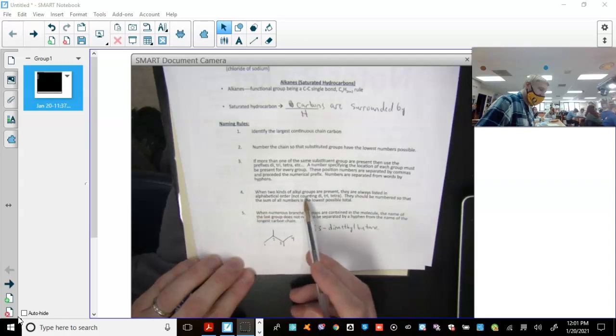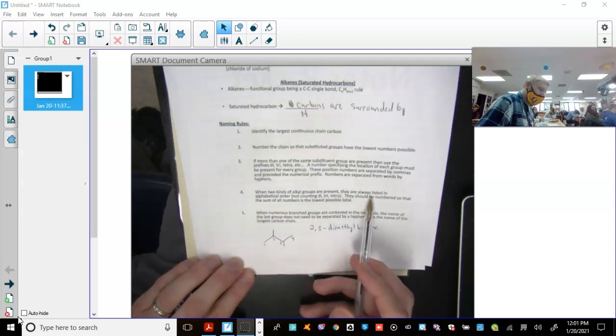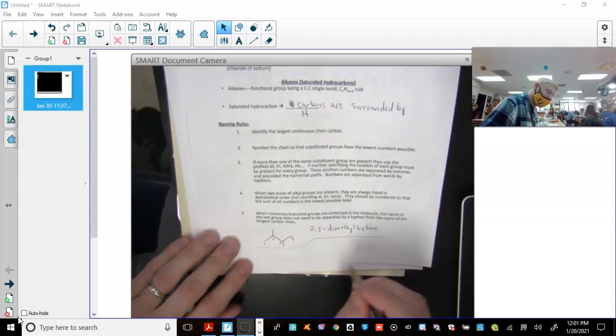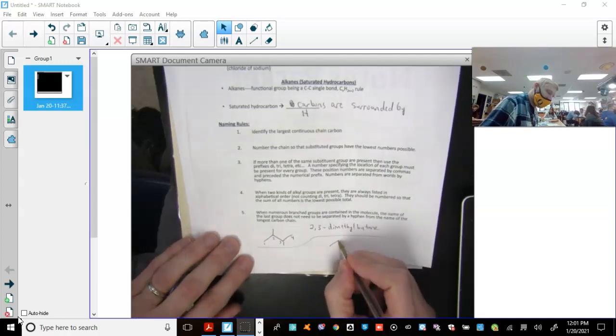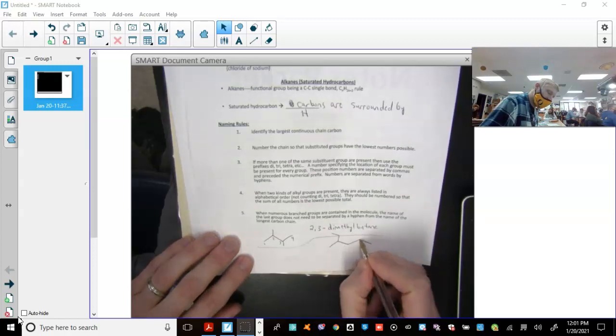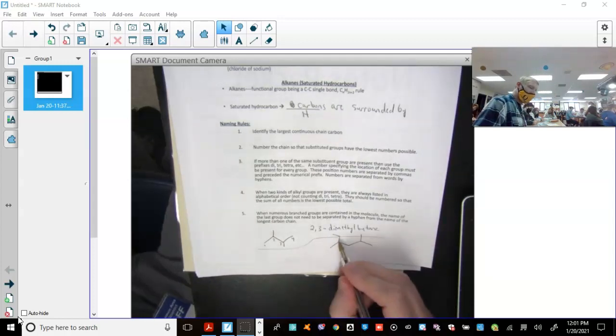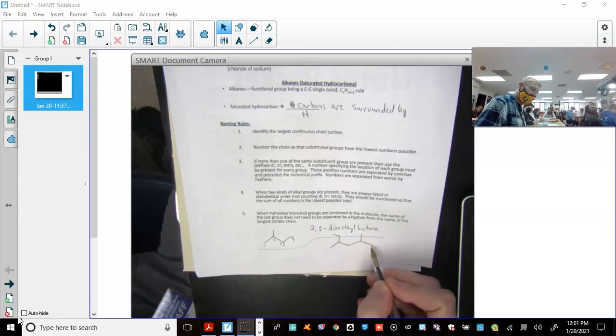So then when 2 kinds of alkyl groups are present, they're always listed in alphabetical order. All right, so let's make something else. Let's say I've got a methyl group and an ethyl group here, because I'm considering 1, 2, 3, 4, 5.